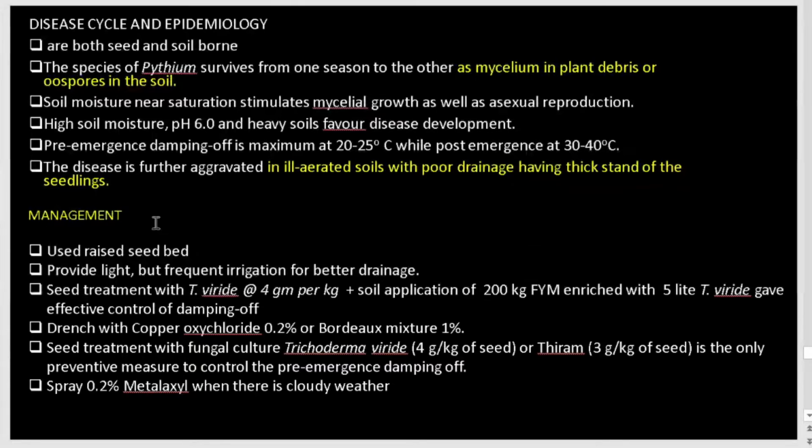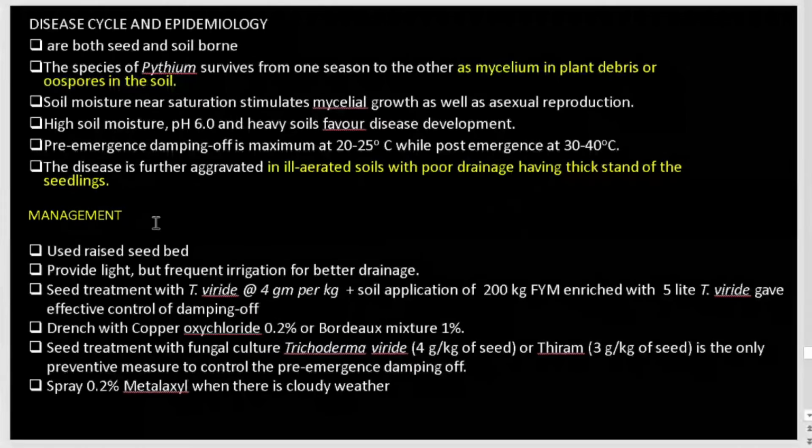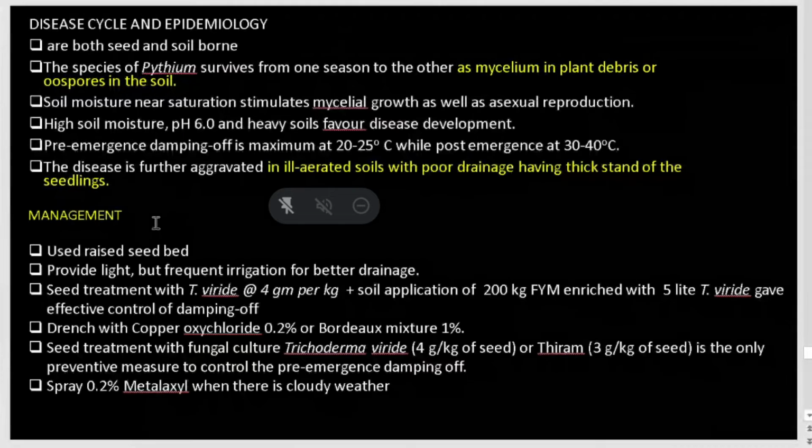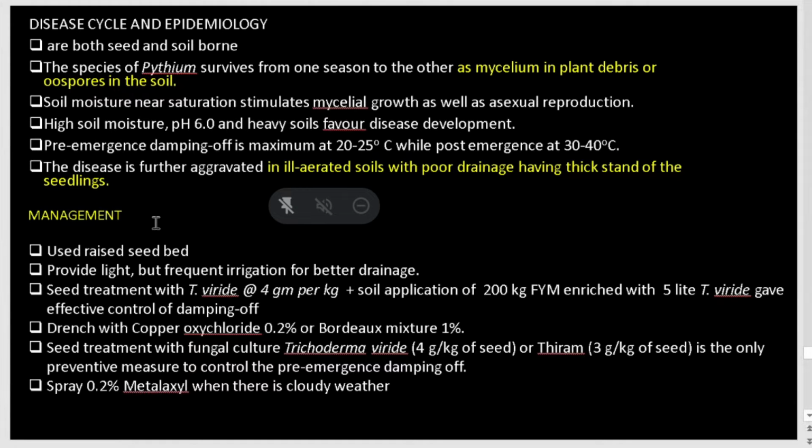Or winter, in just the Brinjal case, Brinjal is already in the field, transplanted just a month back in normal condition. So in all cases Pythium may cause damping off if there is a high inoculum level in the soil. Post-emergence damping off can be witnessed in higher temperature conditions as well, 30 to 40 degrees Celsius, but they are not so common. Pre-emergence damping off is more common.